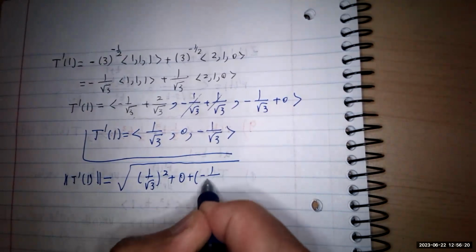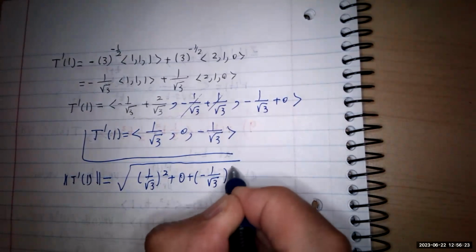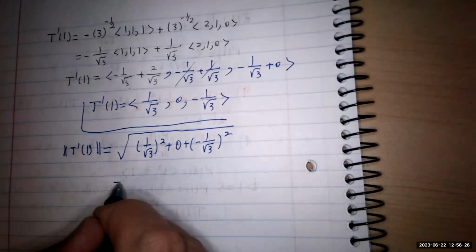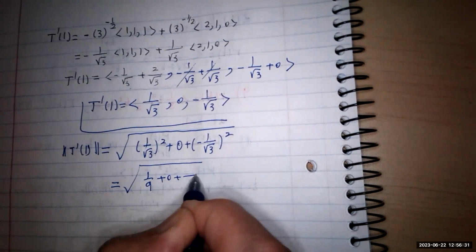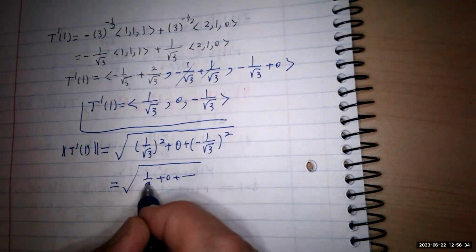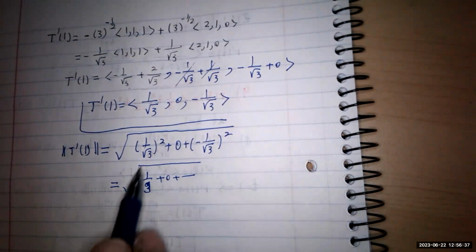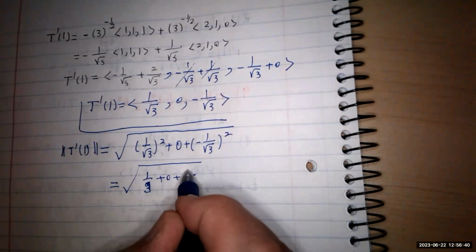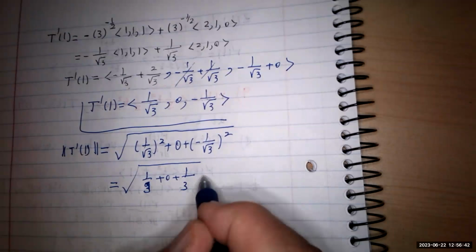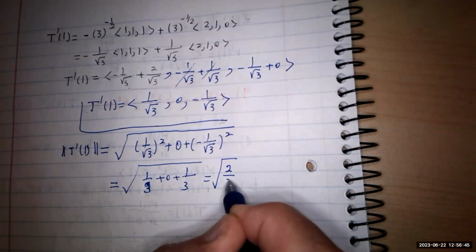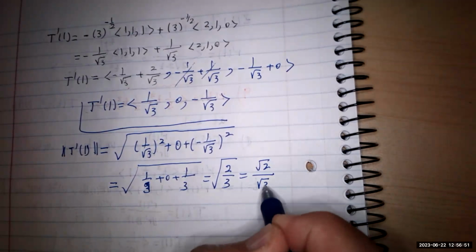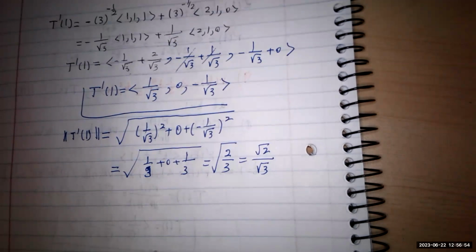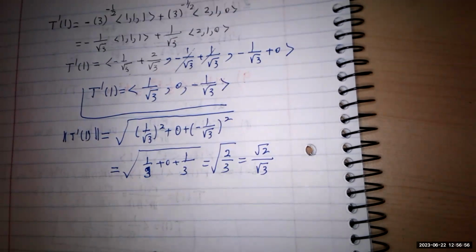And then negative 1 over root 3, all squared, and radical 3 squared would be 3, so that would be 1/3. Okay, 1/3 and 1/3 would be 2/3. So I put the radical on the top and the bottom, so that gives me radical 2 over radical 3, because I can simplify it in a minute. So that would be the norm.